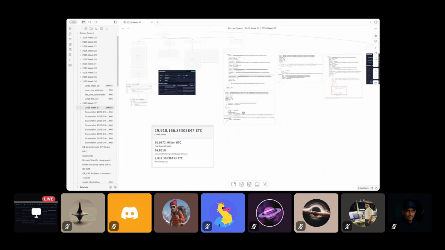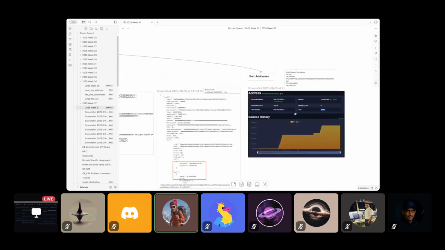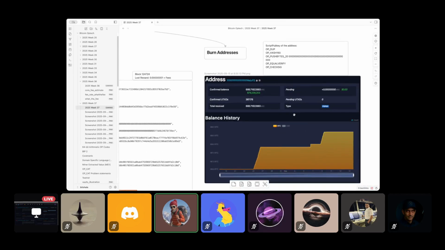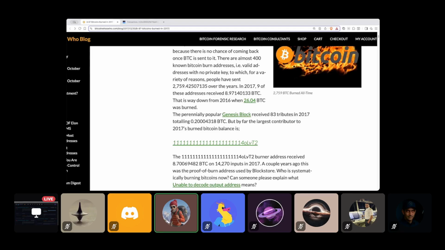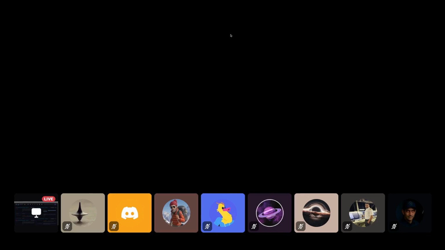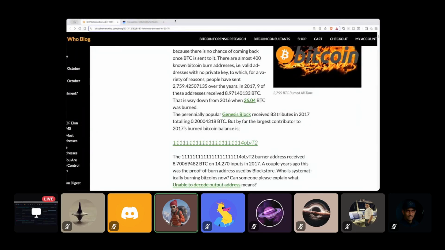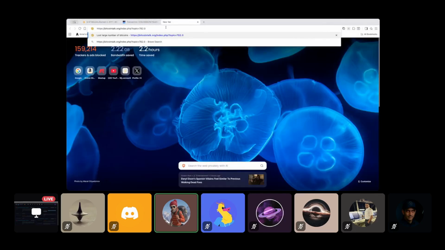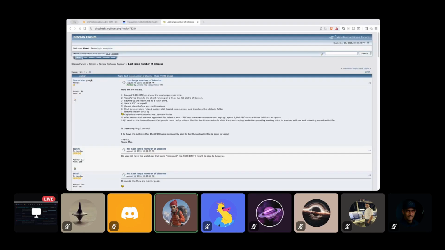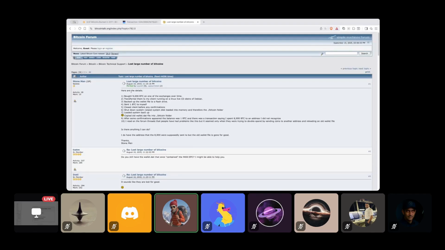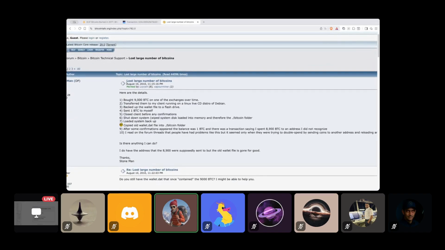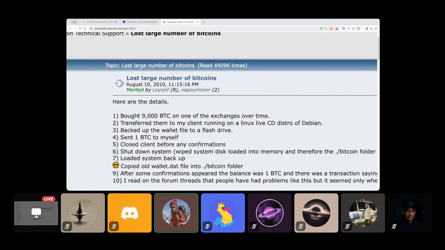Yeah. So of course there is this entire Bitcoin forum post where people come and report their lost coins. It starts all the way back from 2010, and people keep a running tally.